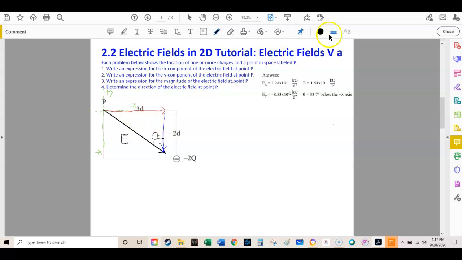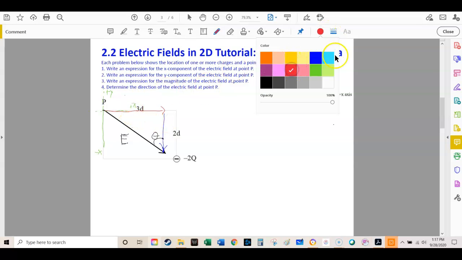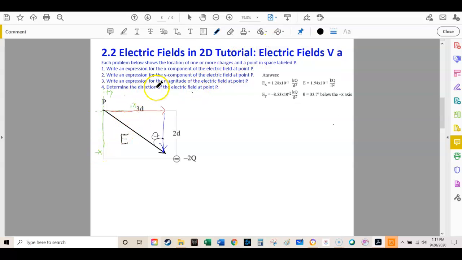Anywho, here we go. Now I've got my arrows, and we know that sine of theta is equal to opposite over hypotenuse. In this case, the hypotenuse is the net electric field. So the side opposite the angle theta is going to be E sine of theta.